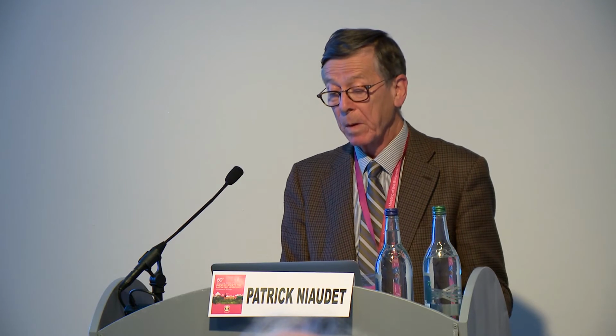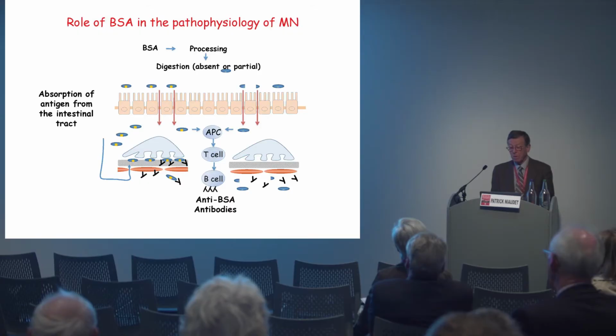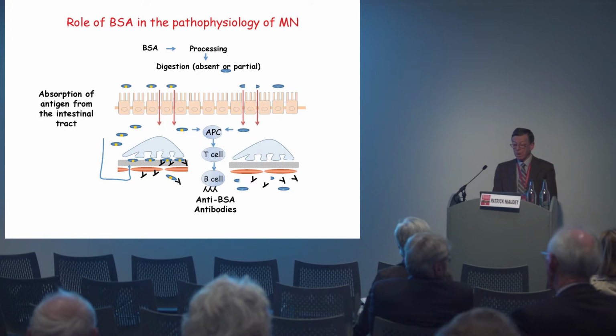And the role of BSA in the pathophysiology of this form of early membranous nephropathy is not completely solved. BSA, after a partial or absent digestion, can be absorbed as a total molecule or fragmented molecule.